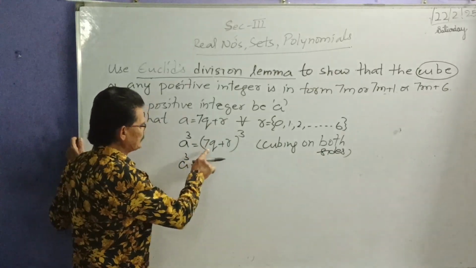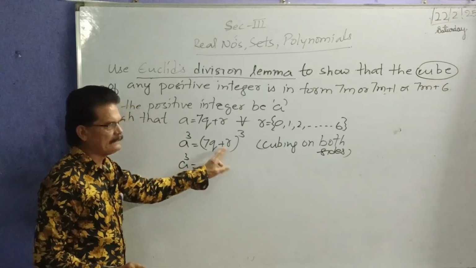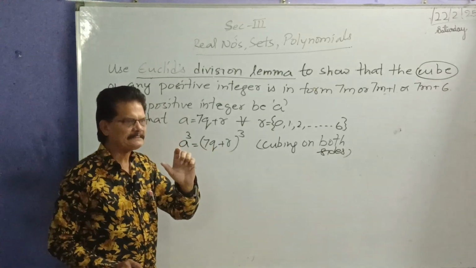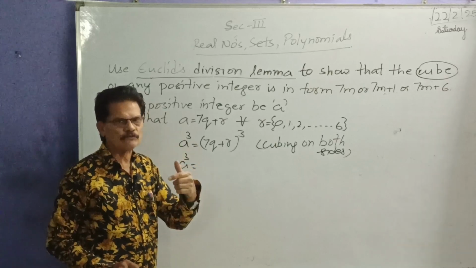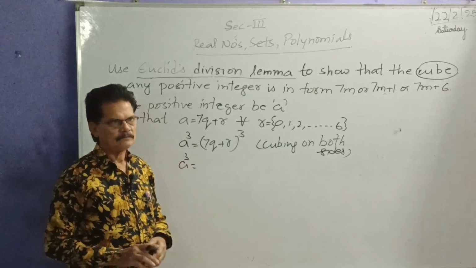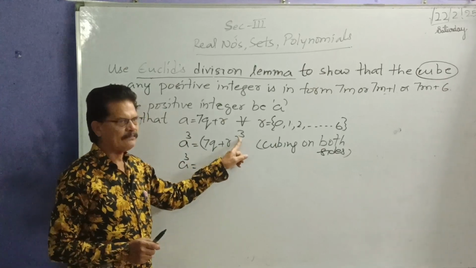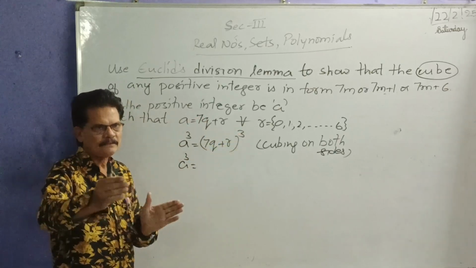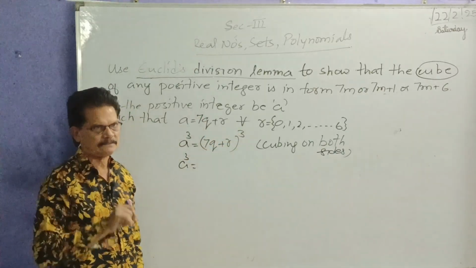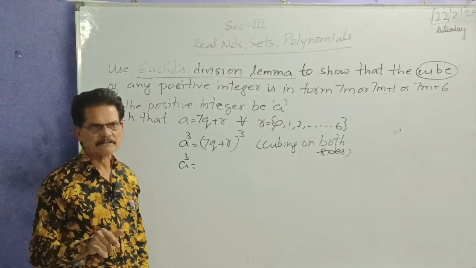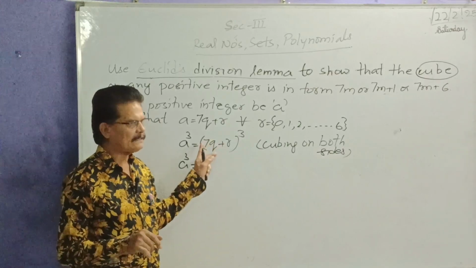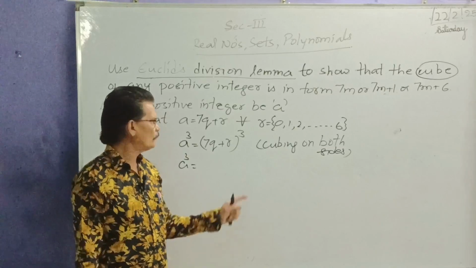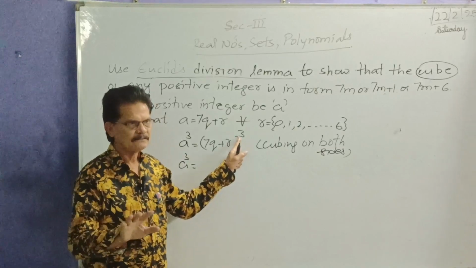Now you know that this is a and this is b. First, what is the expansion? Because the power is 3, we have to get 4 terms in the expansion. When you expand this binomial, you get 4 terms because the exponent is 3.